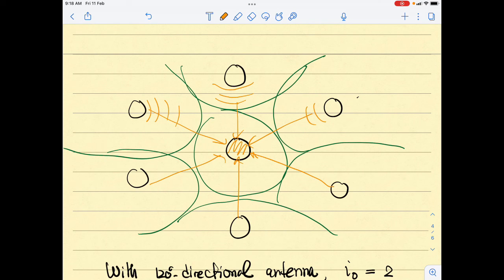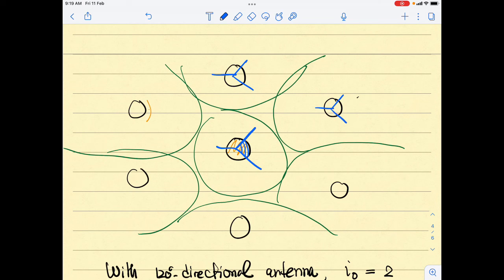So this is with omnidirectional. What if we have these 120 degree directional antennas? Let's see what happens. The cell will be divided into 3 sectors. And let's assume that we focus on this sector, which uses certain sets of frequency channels. The same pattern will occur with all the other co-channel cells.